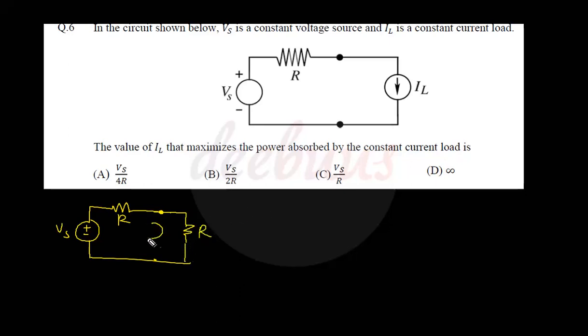So the current flowing in the circuit is IL, the current flowing through this load resistor. So IL equals Vs by R plus R, 2R. So the answer is IL equals Vs by 2R.